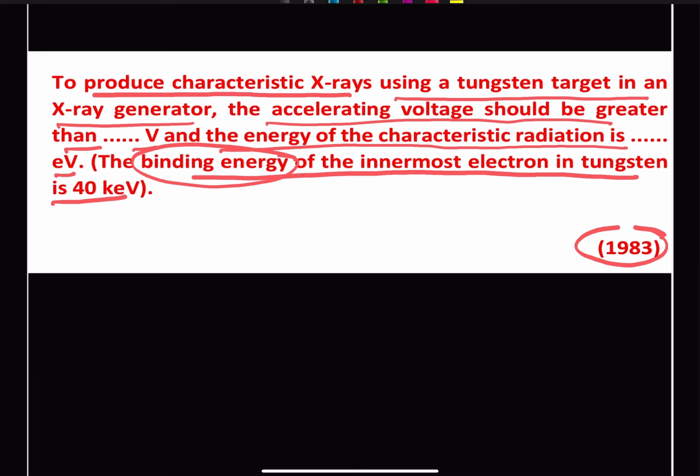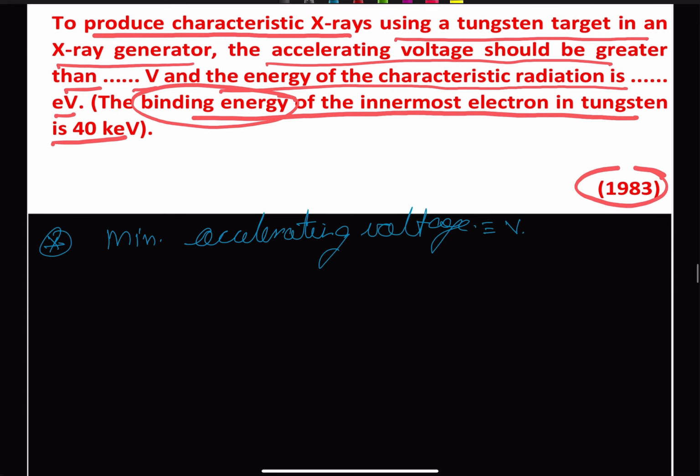So we can say that the minimum accelerating voltage, if that is given as V, then this V should be greater than 40 kilo electron volt. So this was quite straightforward.